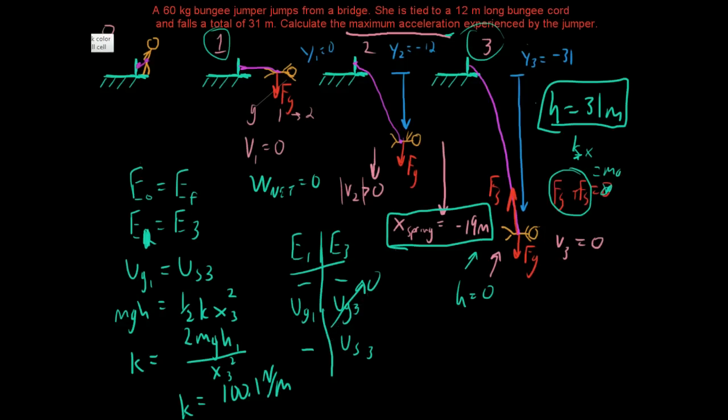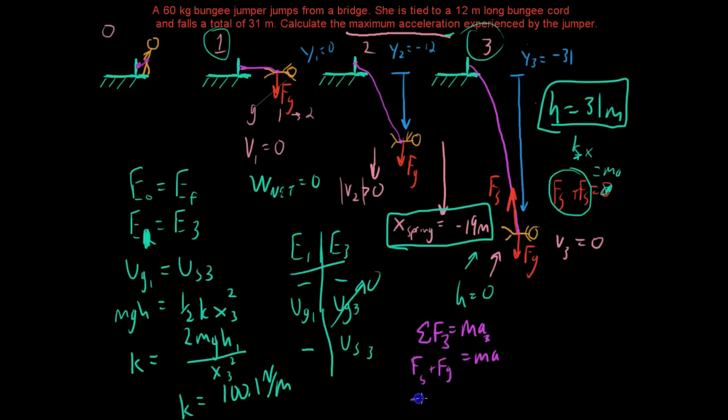Now, I already kind of previewed what I'm going to do for the next part. My next part is just going to be finding out what the force is so that I can get the acceleration. So I do sum of forces equals m times a. This is what I want to find. I know that I have the spring force and the force of gravity equals m times a. And I'm looking at this at point 3.